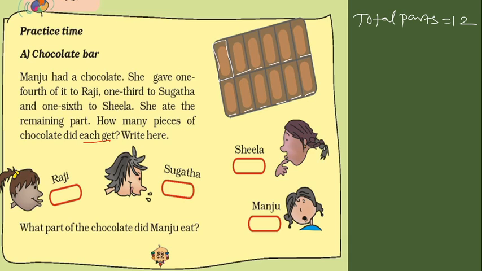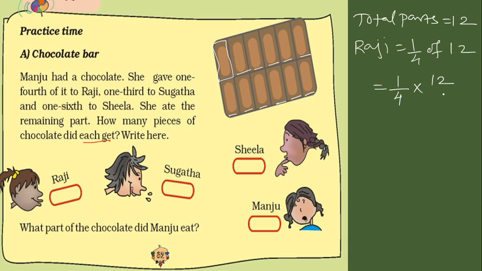Manju had a chocolate. She gave 1/4 of it to Raji. So how do we find the 1/4 of 12? First I write here Raji is equal to 1/4 of 12. Students, here 'of' means multiplication sign. So I write 1 by 4 multiplied by 12.